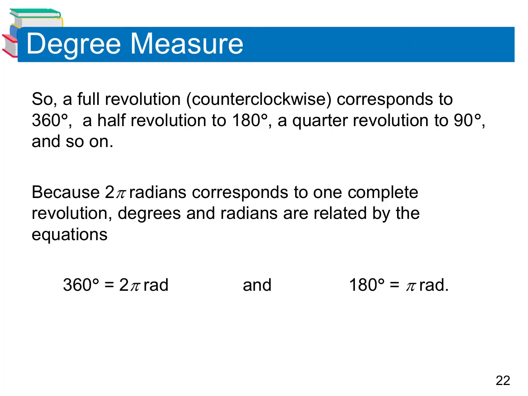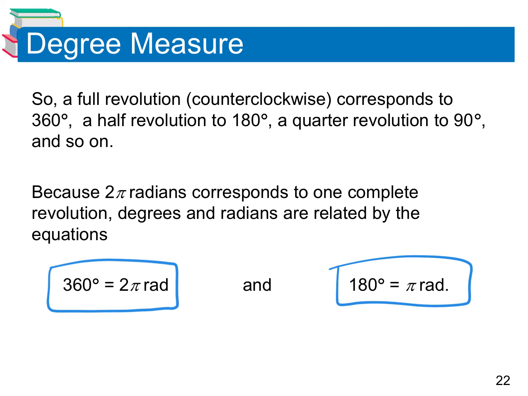So a full revolution counterclockwise corresponds to 360, a half revolution is 180, a quarter is 90, and so on. Because 2 pi radians corresponds to 1 complete revolution, degrees and radians are related by the following equations. So 360 degrees is 2 pi radians, and 180 degrees is pi radians.